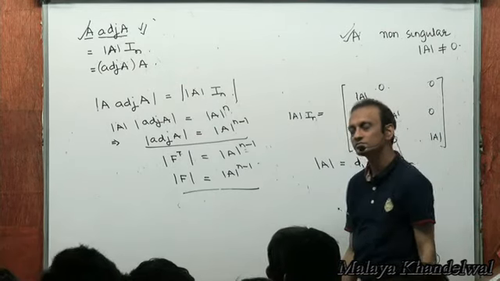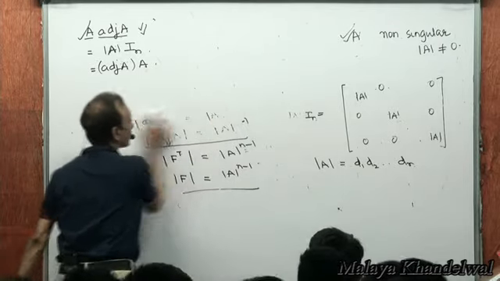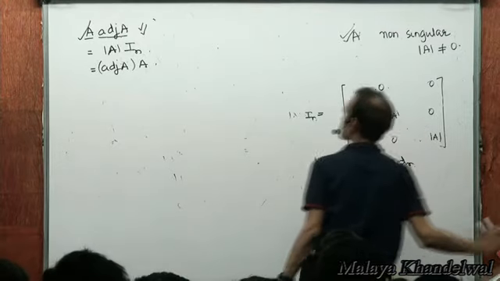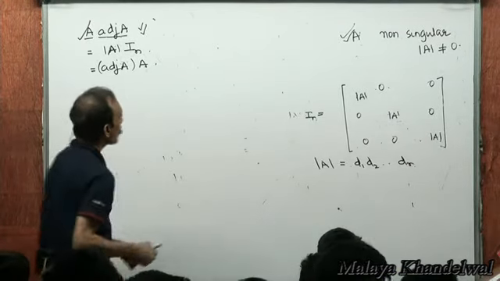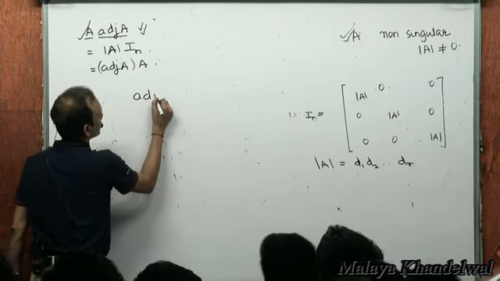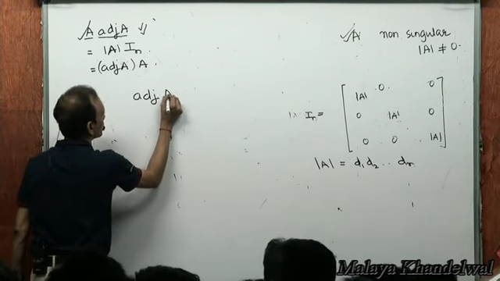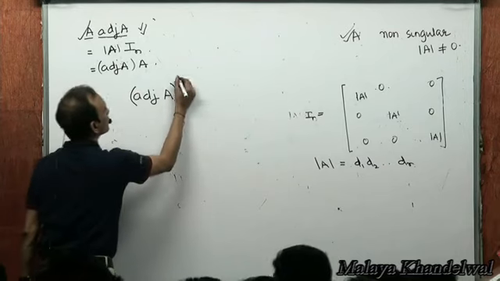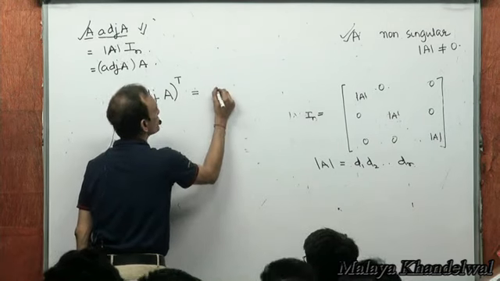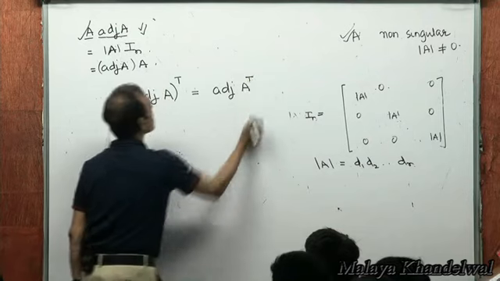Another trivia. So far so good. I claim adjoint of A transposed, you should be able to establish this yourself, is the same as adjoint of A transpose.